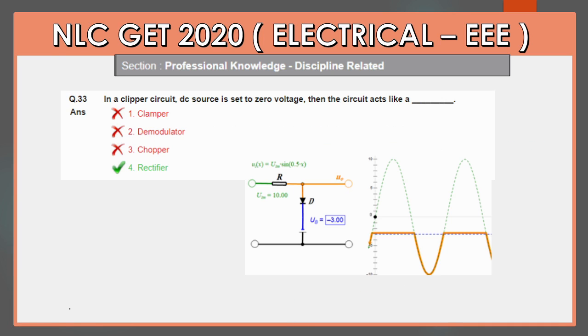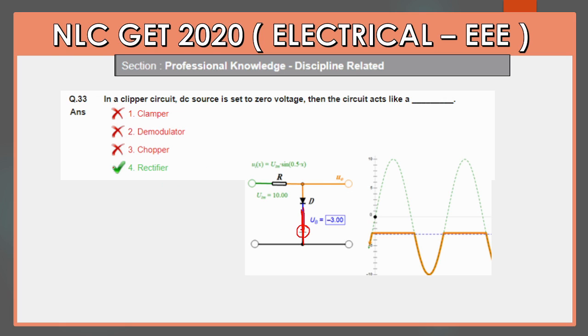So let's see the next question. The next question is saying, in a clipper circuit, the DC source is set to 0 voltage. So this is a clipper circuit, and this DC source is set to 0. That means it is disconnected or short circuited. Then the circuit acts like a dash.